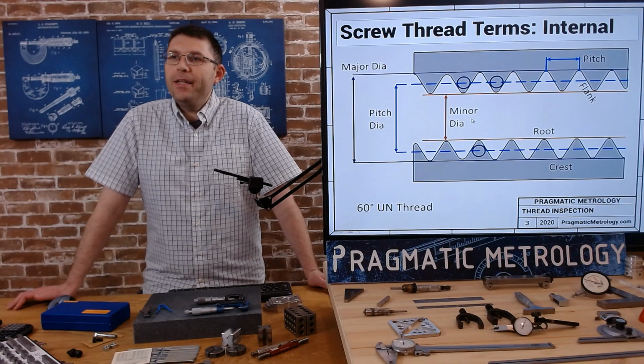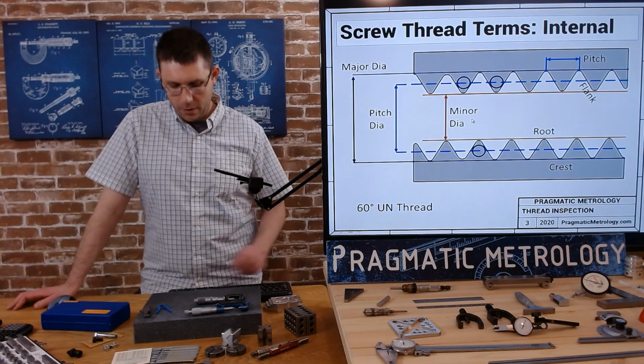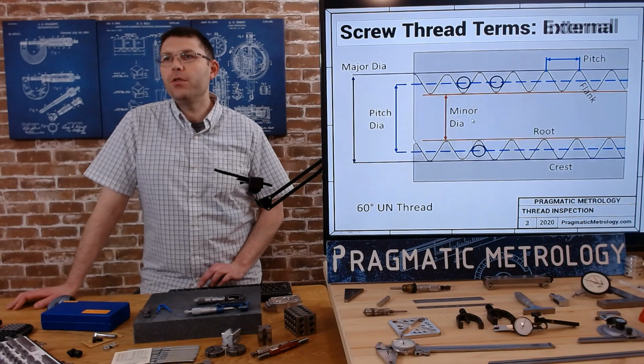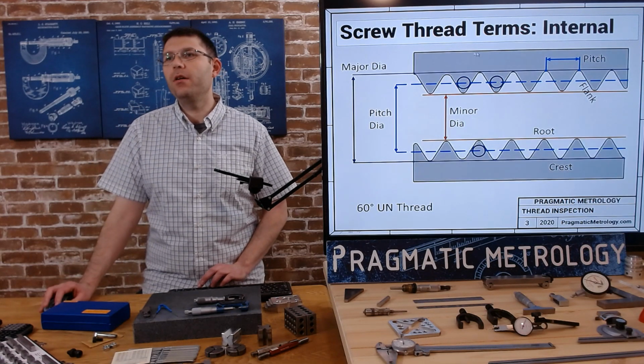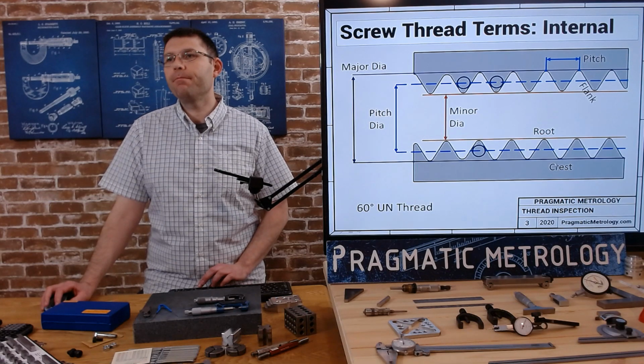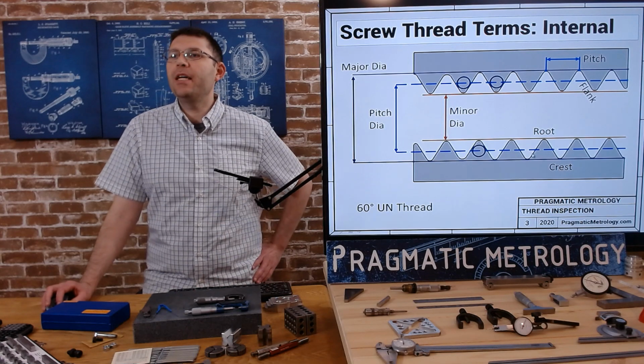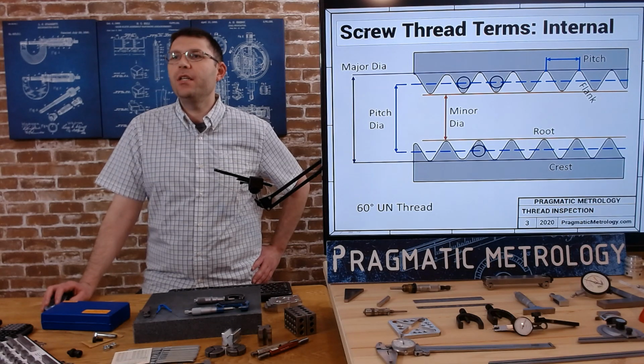For the internal thread, it's the exact same thing. There's no difference. I'll even flip back and forth between internal and external. The major is still the largest part, but now, I forgot to flip the root and the crest. The root would be down here, and the crest will be up here. But essentially, it's pretty much the same.